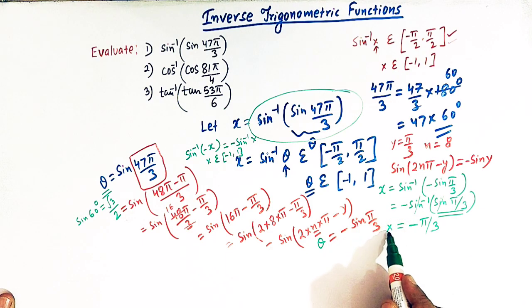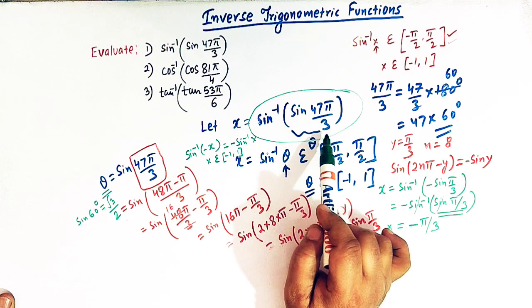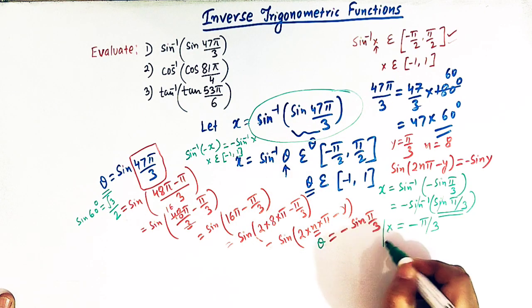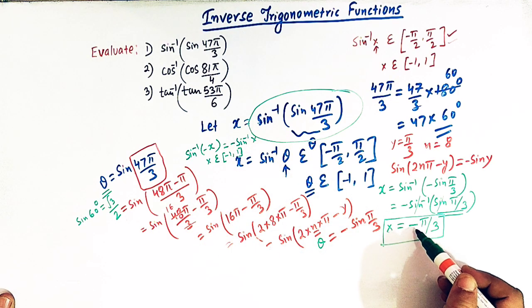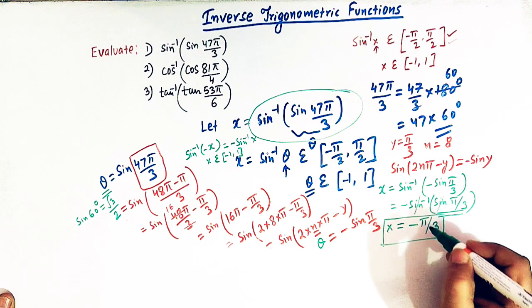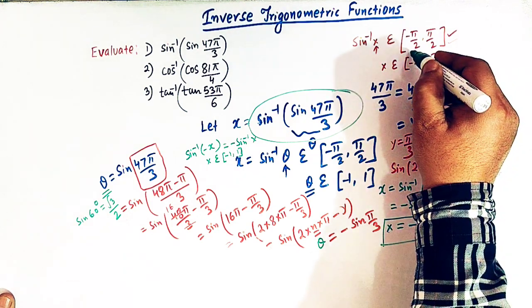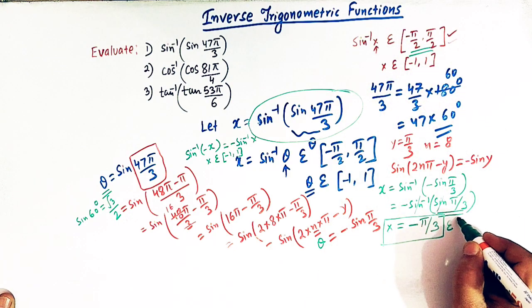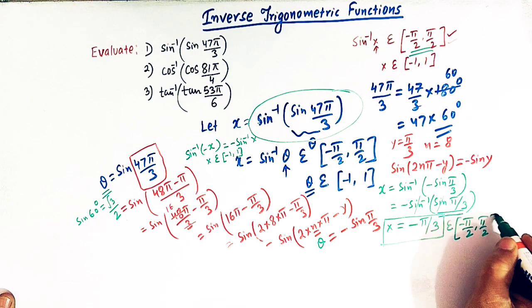So the value of x, which was sine inverse sine 47 pi over 3, is equal to minus pi by 3, and obviously this value belongs to the interval minus pi by 2 to pi by 2.